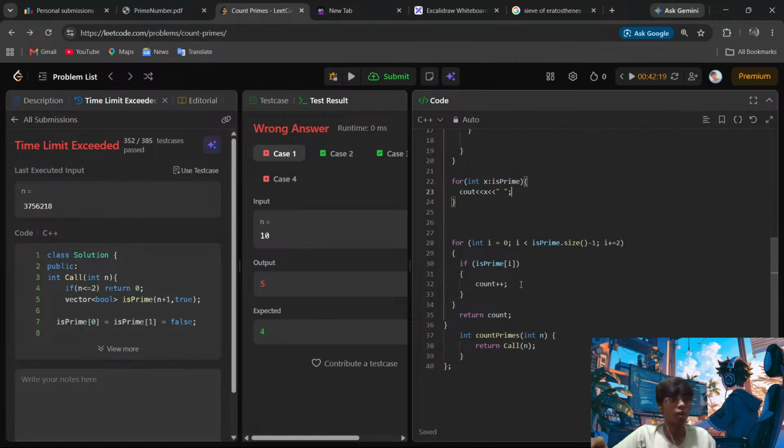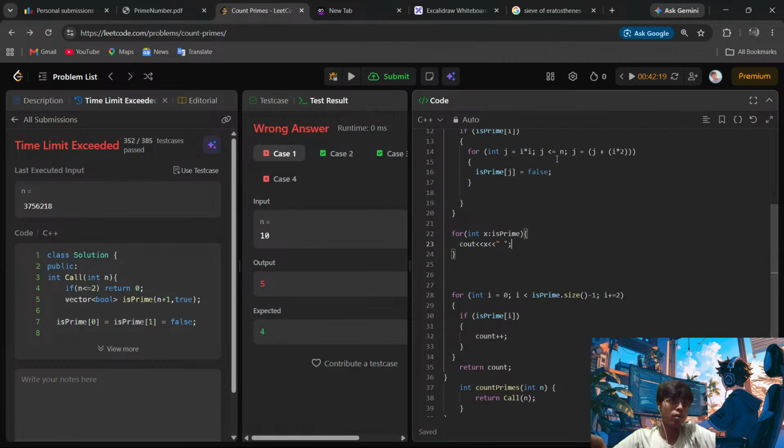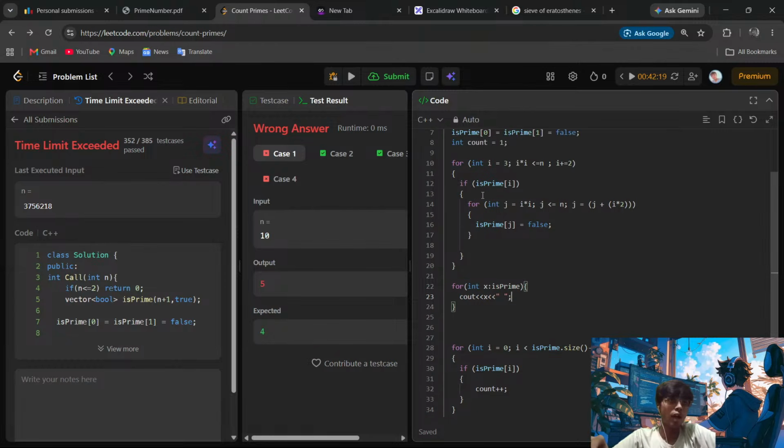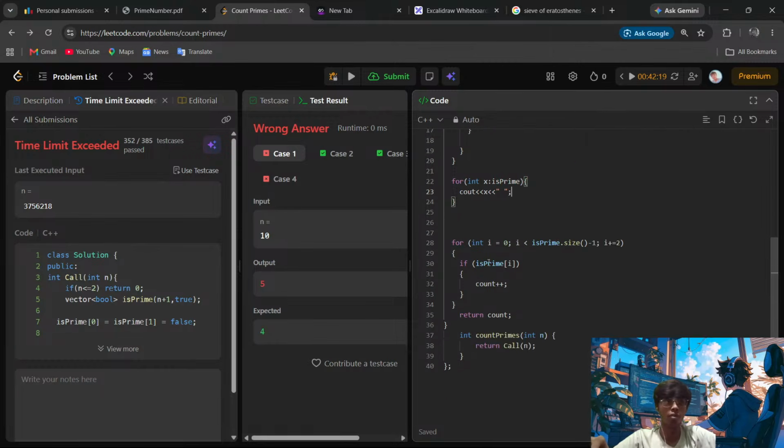So basically, I will remove this and I will count here, right? I will count it here. If I see that this number is a prime number, I will increase the count, and after that I will traverse over this loop rather than doing this, right? That's what I will do.